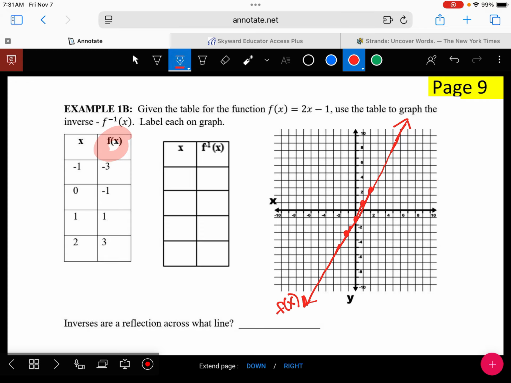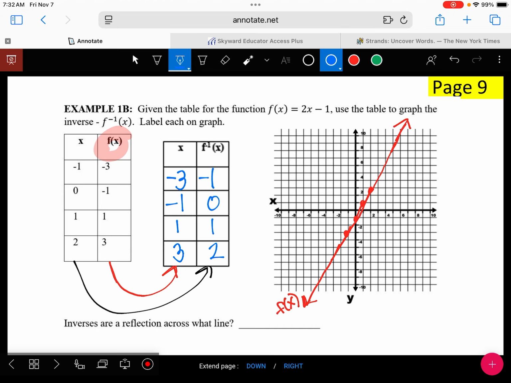So when we flip it, I'm going to take all of these numbers and put them here. So I'm going to put all 4 of those numbers in x: -3, -1, 1, and 3. And then take all of your x values and put them here: -1, 0, 1, and 2.